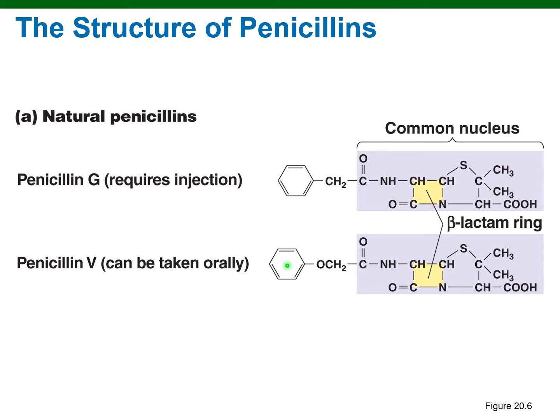So penicillin V, which was developed later, is a common form of penicillin that can be taken orally. And so these are what are called natural forms of penicillin that are relatively unmodified or original to what was first discovered and developed.